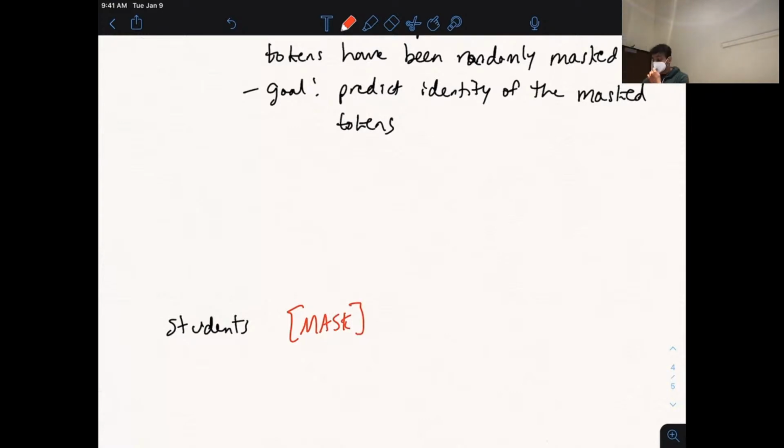So this is an entry in our vocabulary, this mask token. It's only to be used when we've eliminated a word from the input sequence and replaced it with this mask, and we want to predict what goes into this mask token. So predicting the missing word is essentially the task here. So we have students mask their books.